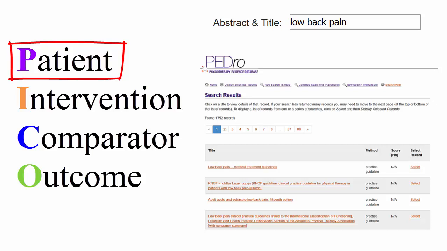Using just one element from a PICO question was a common issue in our analysis of PEDro searches, with 55% of searches including no or one PICO elements, and patient being the most commonly used PICO element. In order to address this issue, you need to think more carefully about the question you want to ask.